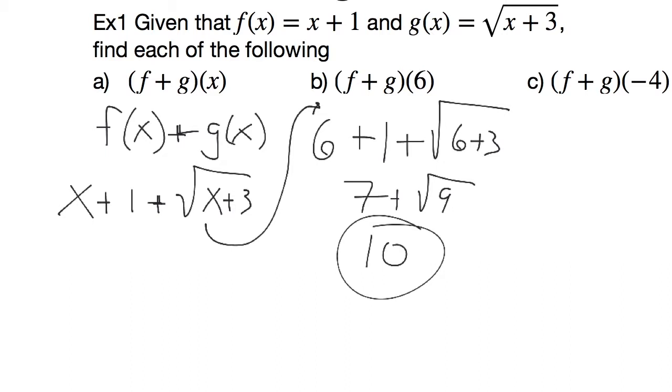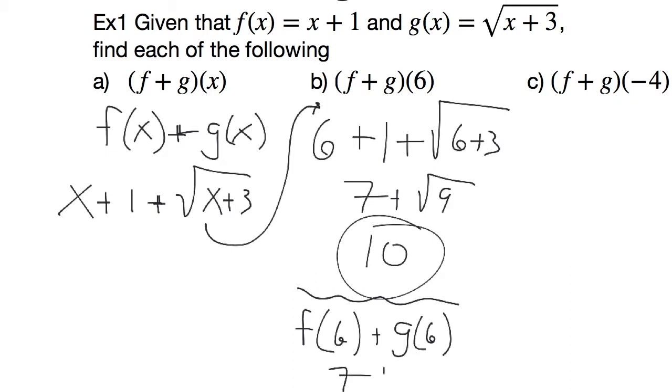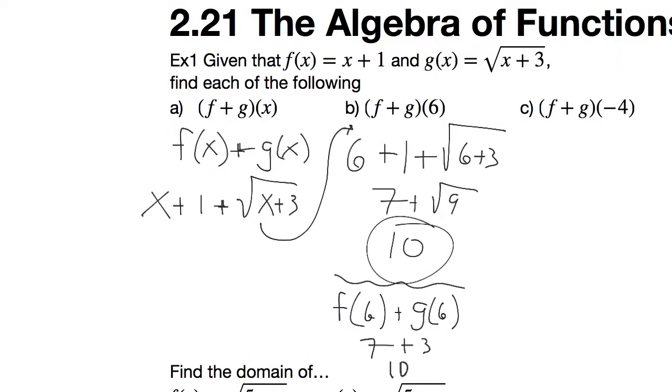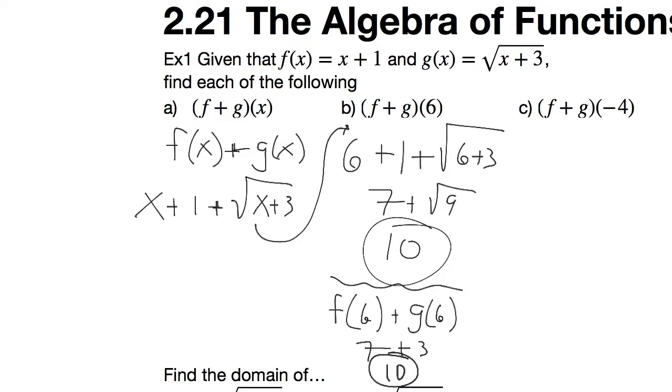Or you could find f of 6 plus g of 6. You could find the values individually and then add them up, 7 plus 3, to get 10. Two ways both yield the same results.